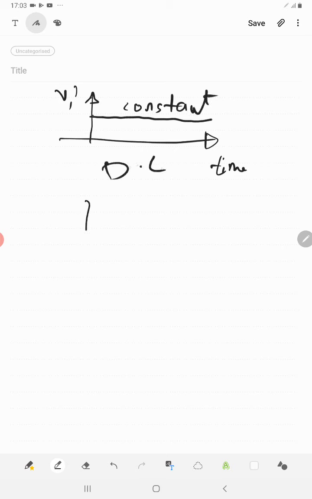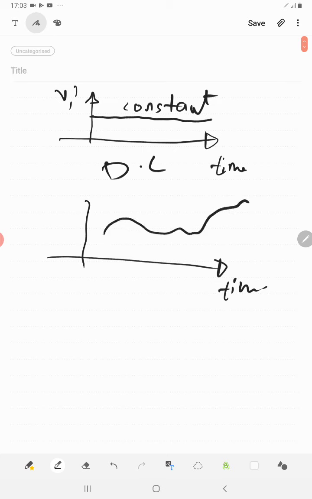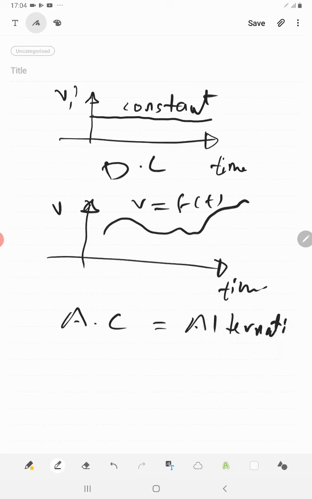Okay, why? If the voltage or current change with time, then this is AC. So V is a function of time. This is V or I. Then this is AC. So AC means alternating current.